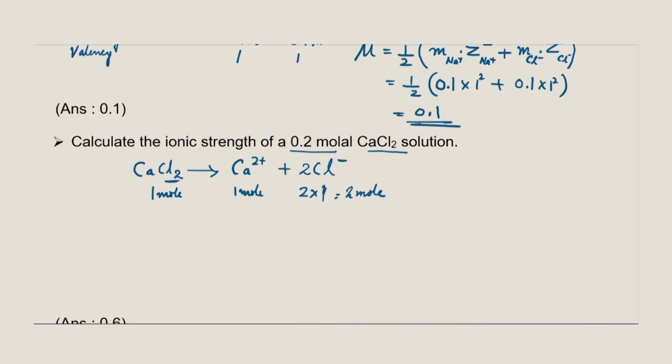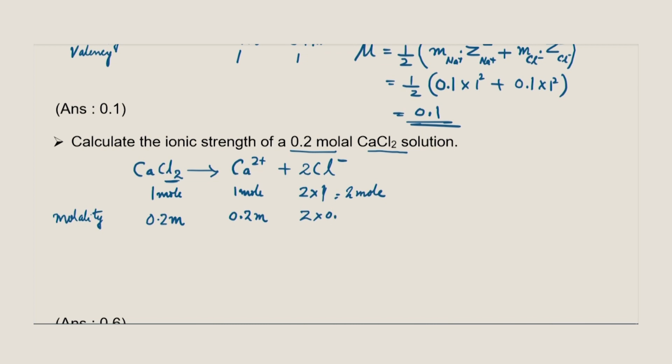So, here we have to apply the same condition, that is, first we are going to write the molality. I am starting with 0.2 molar calcium chloride. So, calcium will be the same as the concentration of calcium chloride, so I can put it as again 0.2 molal, while in the case of chloride ions it is twice the concentration of calcium chloride.